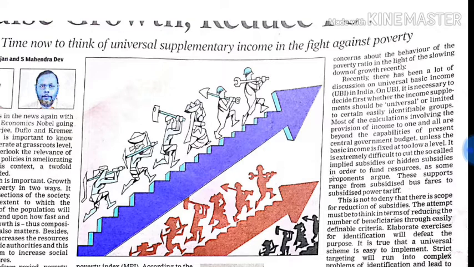Most of the calculations involving the provision of income to one and all are beyond the capabilities of the present central government budget. Unless the basic income is fixed at too low a level, it is extremely difficult to cut the so-called implied subsidies or hidden subsidies in order to fund resources, as some proponents argue.